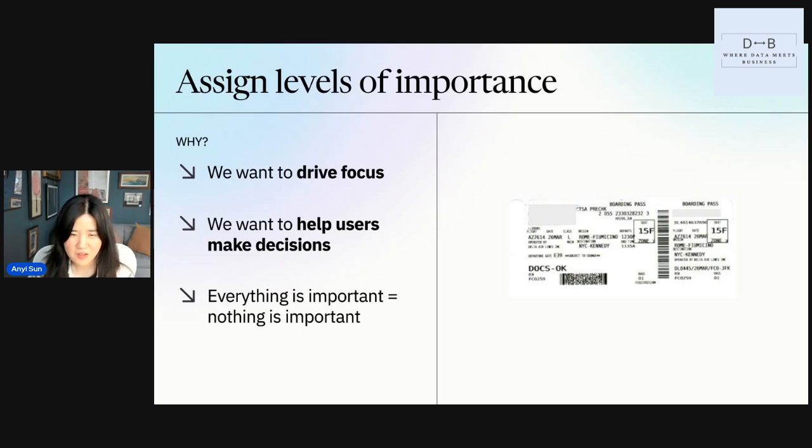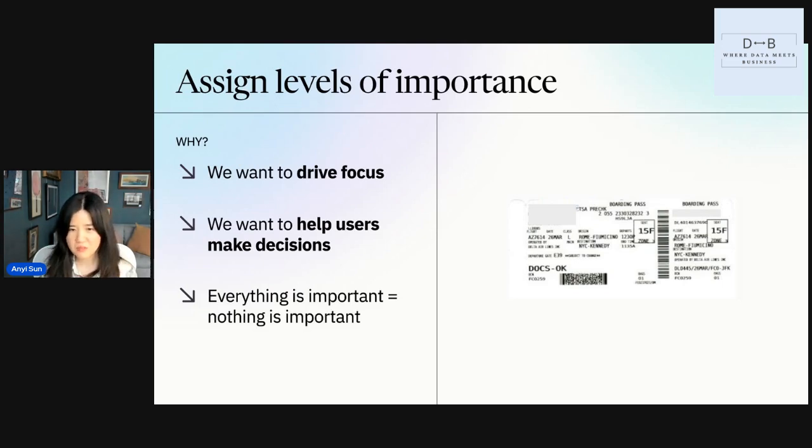It's super small, and when you're traveling, you're already stressed. You're not focused. So this is just adding on the cognitive load to stay focused and look for the thing you need. We want to help users make decisions.